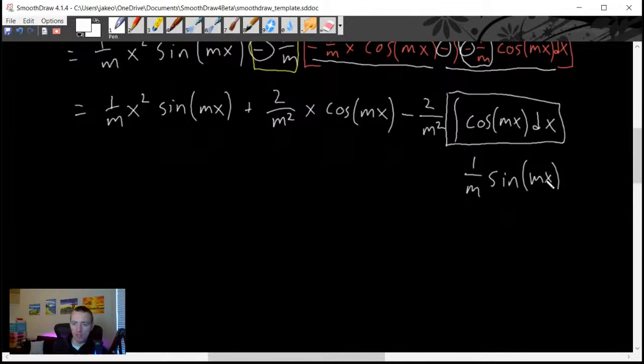So we can just plug that in for what's in the box here, this integral. And then again, we still have this minus 2 over m squared being multiplied by that. So 2 over m squared times 1 over m is just 2 over m cubed. So we'll go ahead and simplify that.